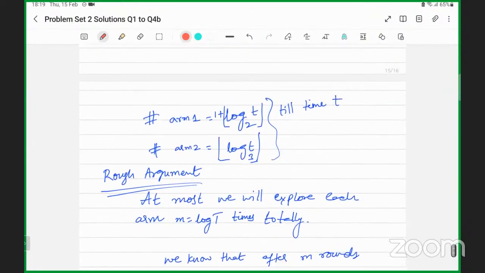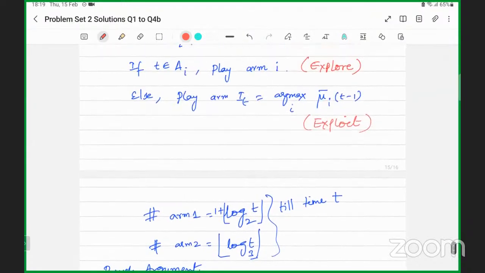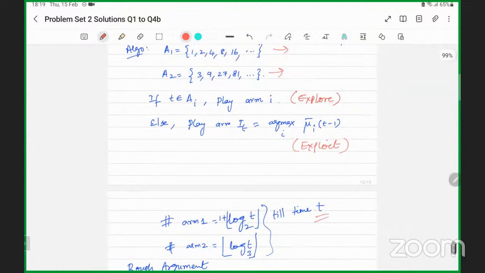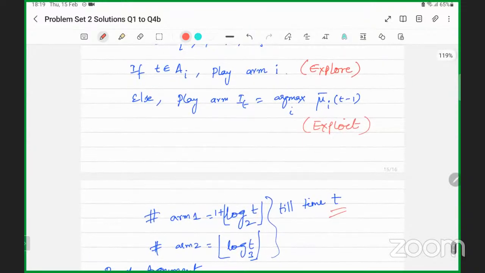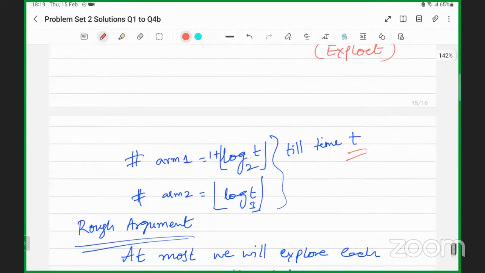Okay. So if you look at some time t, how many times would arm one have been played for sure? This is not an actual proof, just intuitive; I'm not giving a lower bound as such, but you'll get a feel of why this is not going to give you sublinear regret.